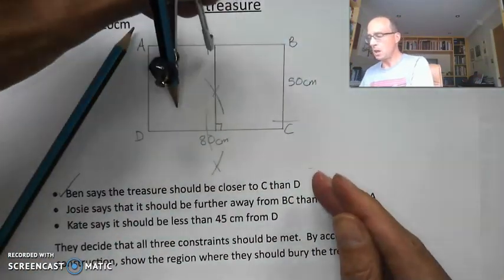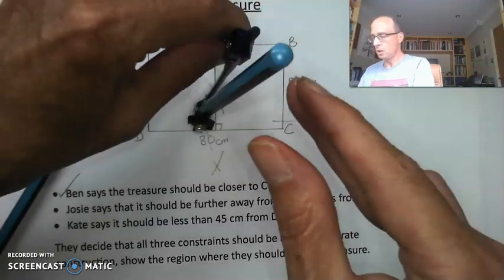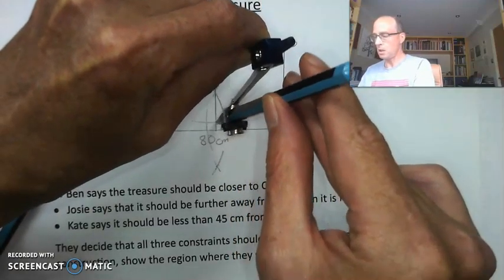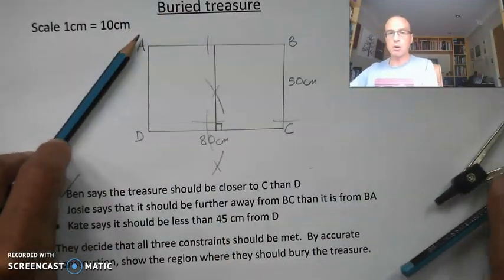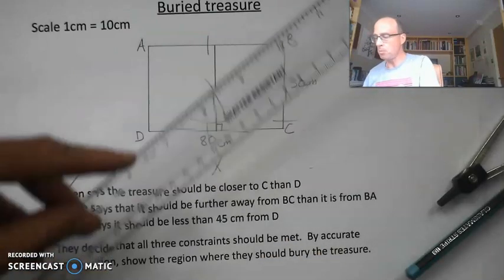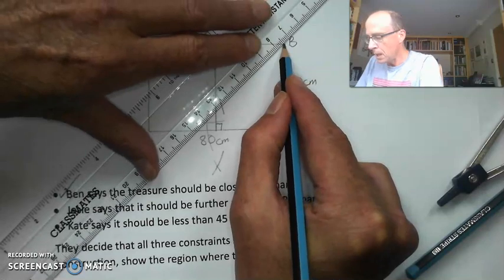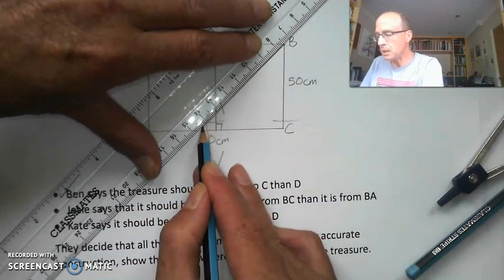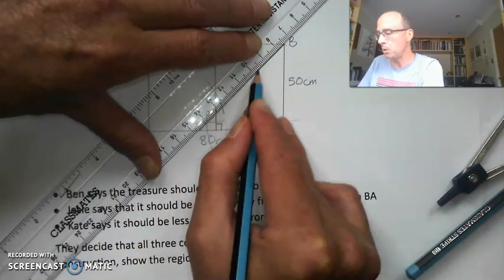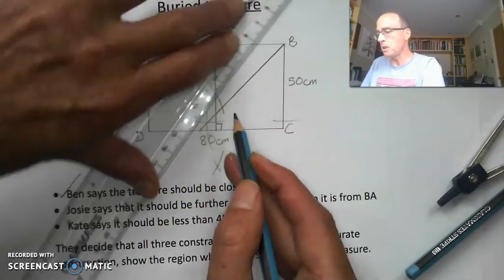And then I'm going to move it to the other point and draw my second arc. Where that crosses, I want to connect that up to my point B, and up to the edge of the table. So that's my angle bisector.